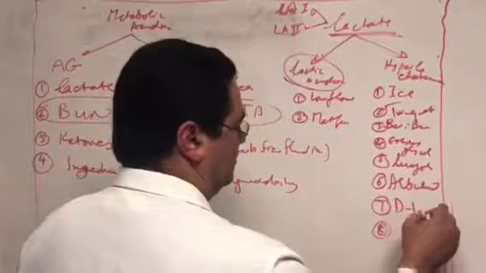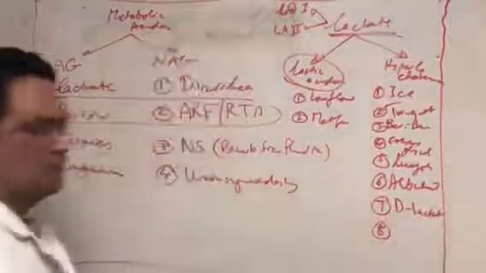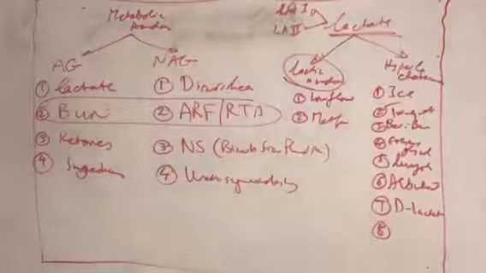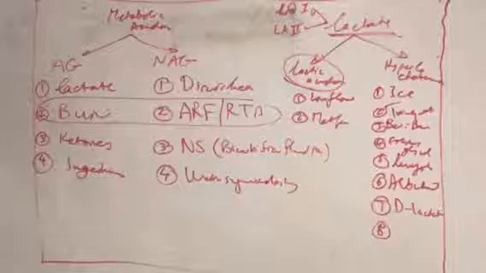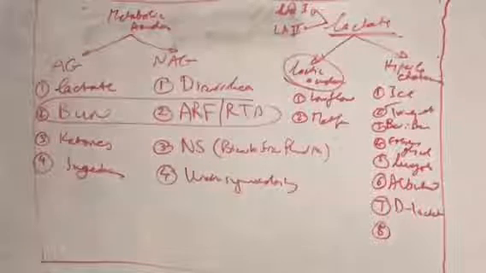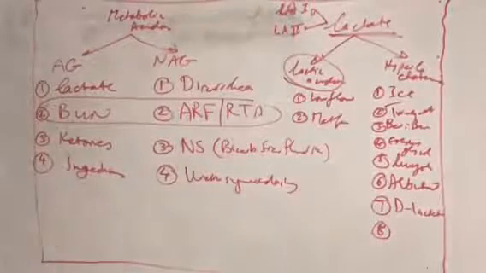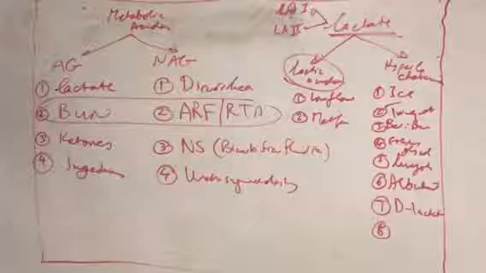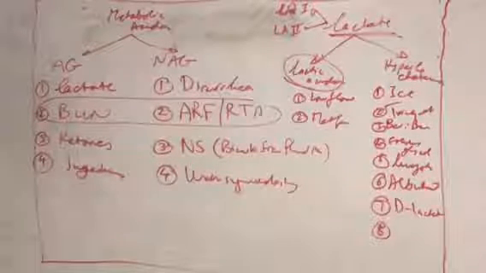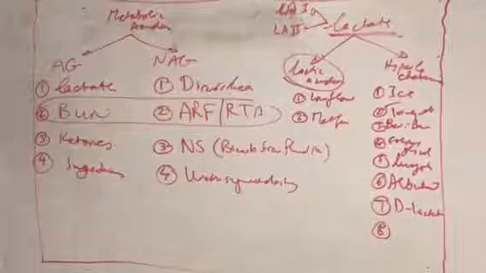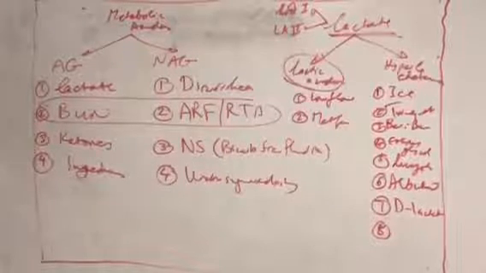D-lactatemia. D-lactatemia is the lactate that comes from non-human cells. So human cells make L-lactate, and tumor cells or bacterial cells make D-lactate. So that's why if you have tumor lysis syndrome, you might have high lactate without acidosis. You might have acidosis for a different reason, but if you have a high lactate without acidosis, that's the tumor cells dying.